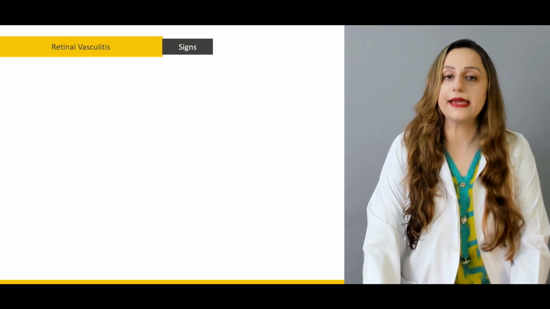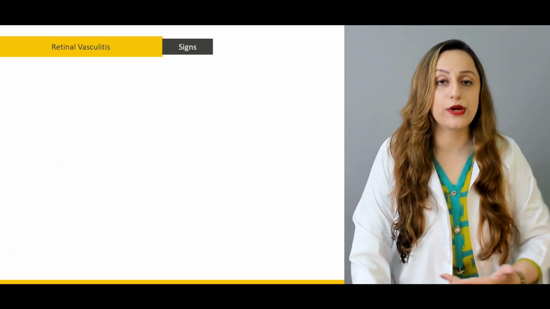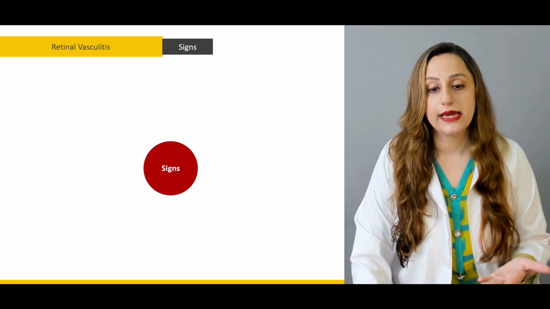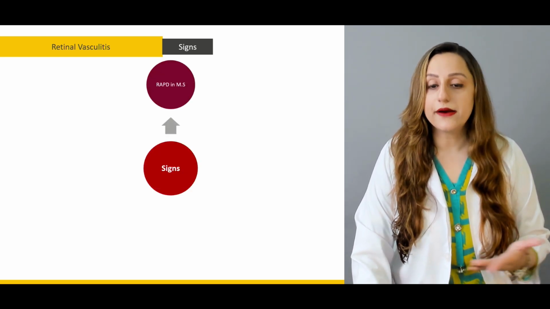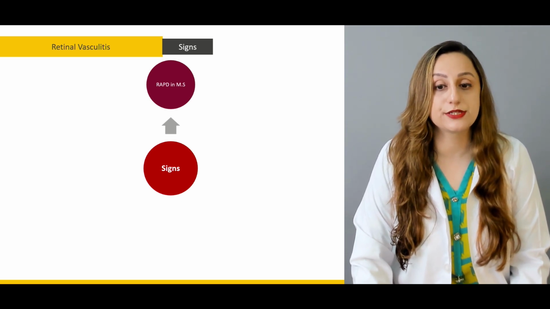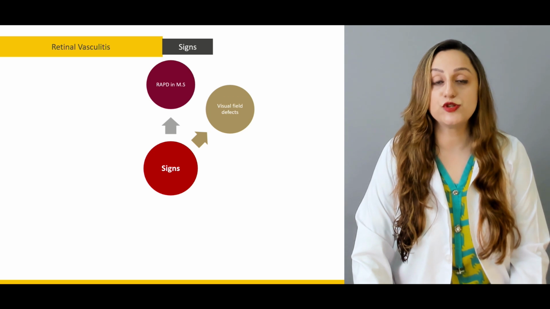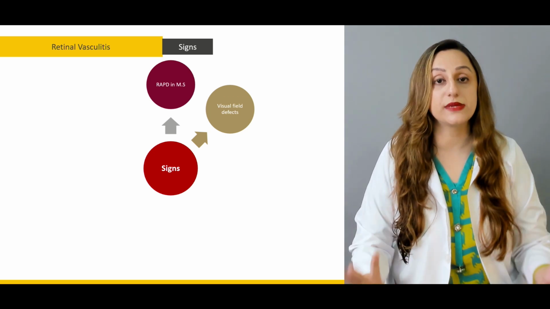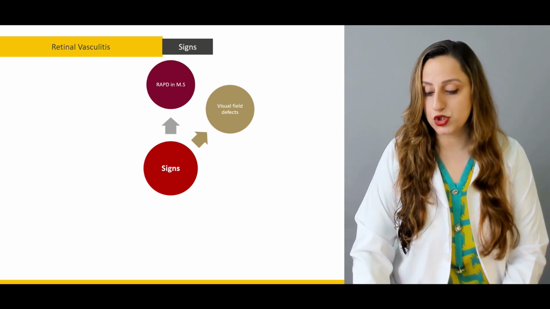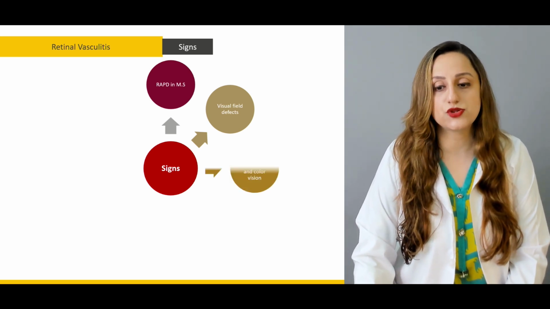Then we have the signs that, as a physician or an ophthalmologist, you are going to look for in these patients. The RAPD is quite prominent in patients of multiple sclerosis. Then we have the visual field defects. The scotomas are going to be central, as we've already focused on, even paracentral in a lot of cases.